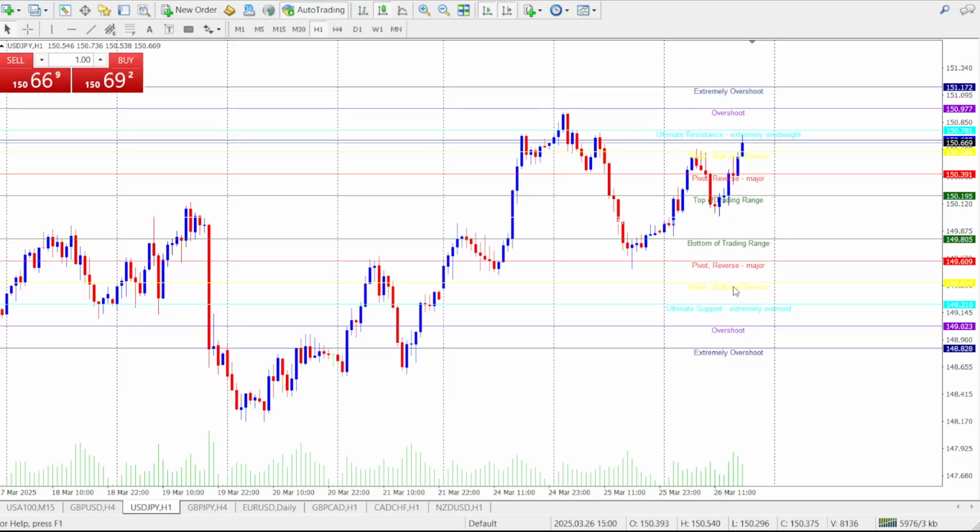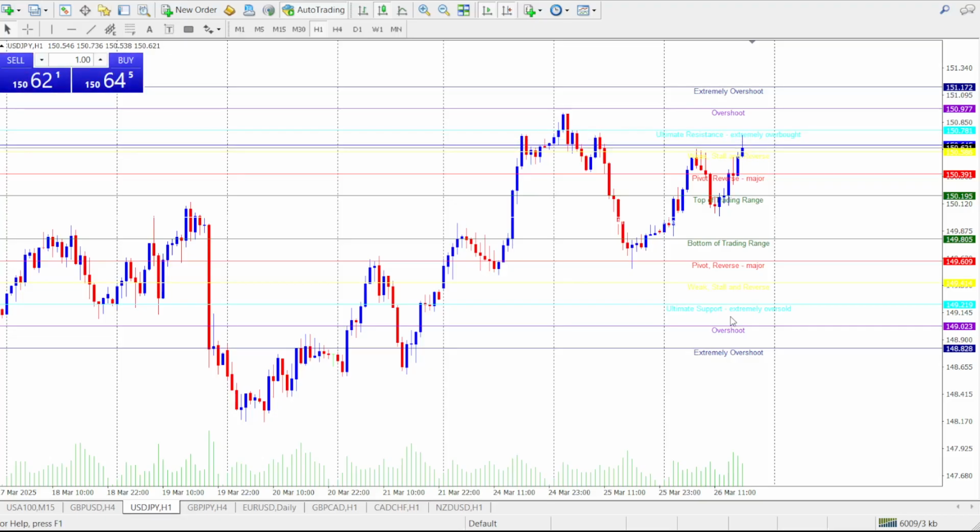Right, there could also be some reversal points, but might not hold on that strong momentum. And then we have the strong reversal zones, right? You can see the ultimate resistance, which is extremely overbought, and we have the ultimate support, which is extremely oversold. All right, so these are also strong reversal zones where price often stalls or changes directions.